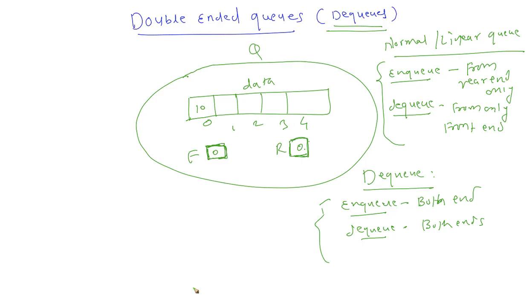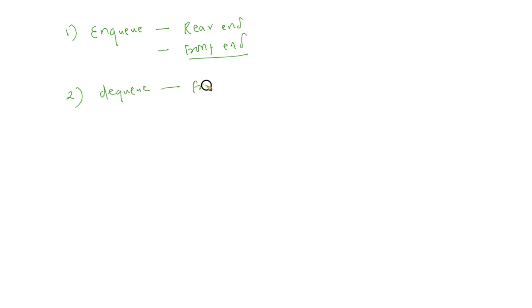The operations I can perform on a doubly ended queue are: NQ from the rear end, which is like a normal queue, and NQ from the front end, which was not in a normal queue. DQ from the front end is the normal DQ.